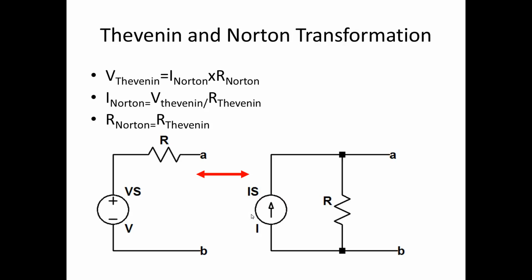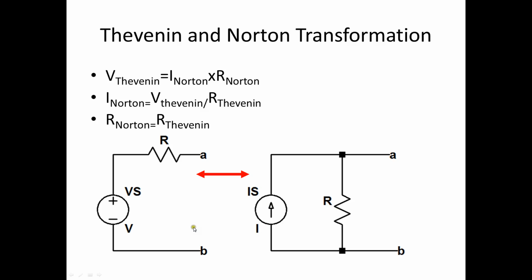Let's talk a little bit about the source transformation. Now, we have seen before where we can have a voltage source here and a resistance here. And if we put the resistance now in parallel with the current source and transform the current source into V divided by R, we can transform this circuit into that.